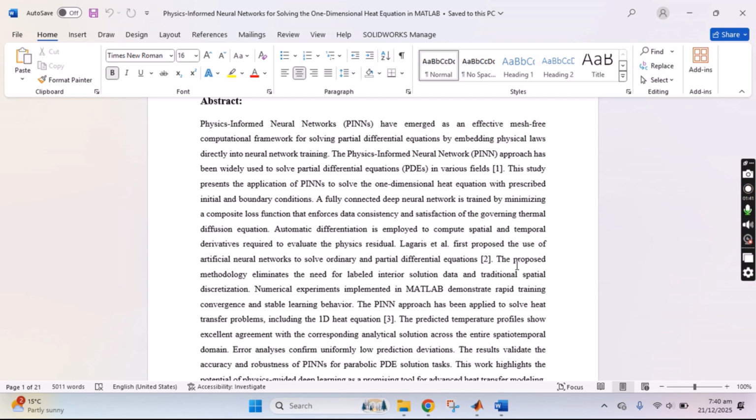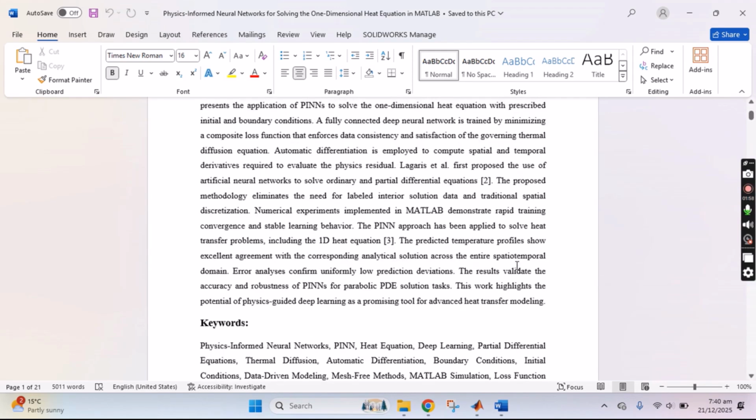In our proposed methodology, where we have added the PINNs methodology, it provides us the numerical solution and numerical experimental solution, with convergence and stable learning behavior. I have solved the one-dimensional heat equation, and the predicted temperature profiles show excellent agreement with the corresponding analytical solutions as well.